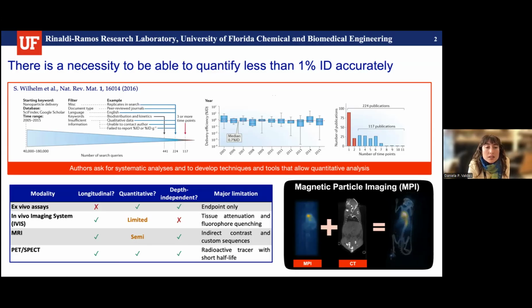And with PET, it's longitudinal, it's quantitative, it's depth independent. The only thing that we can mention is we need a radioactive tracer. Of course, we need the radioactive label to stay together with our agent for the treatment.